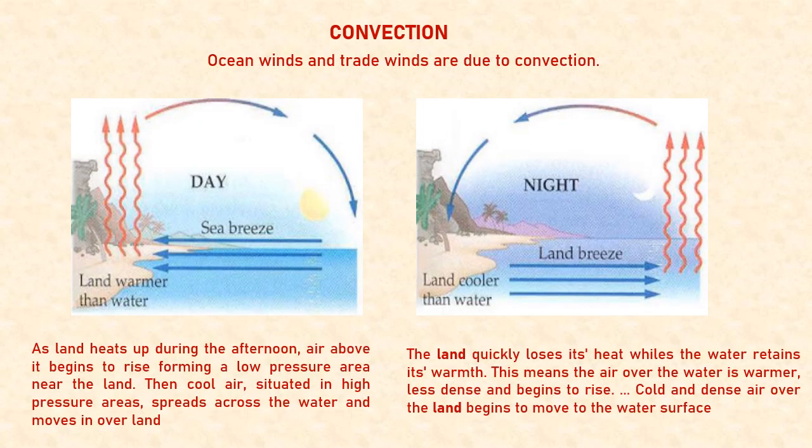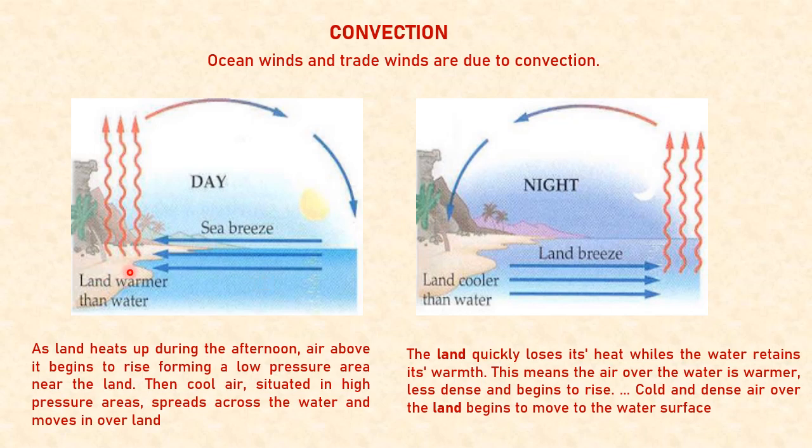The other best example for convection is ocean winds or trade winds. These are due to convection. As you see here in this first figure, during the daytime, usually in summer, the land gets warmer faster than the sea water.